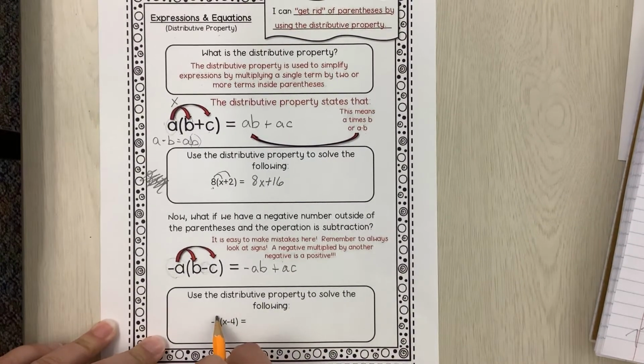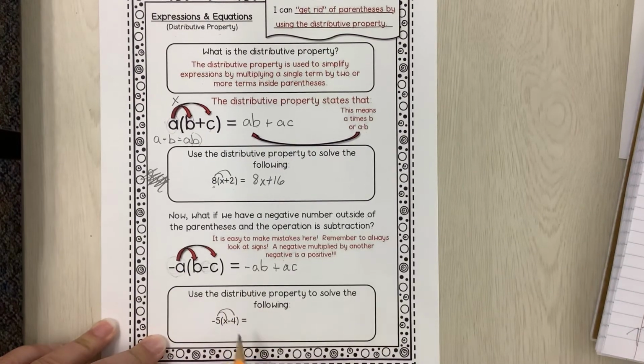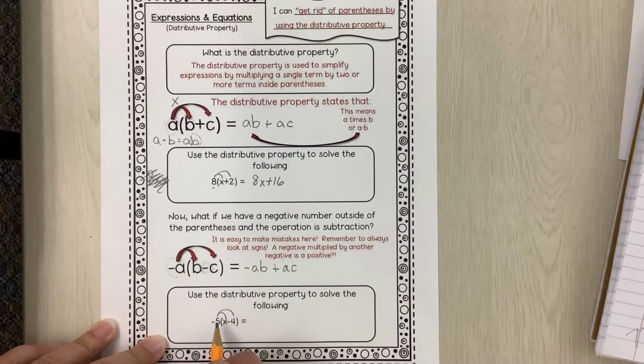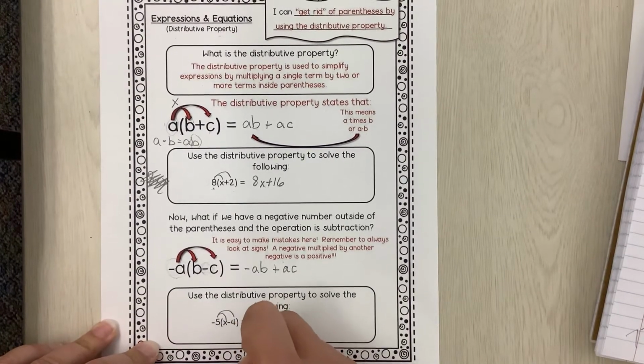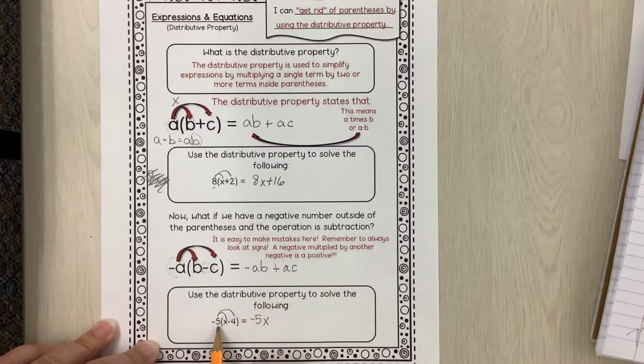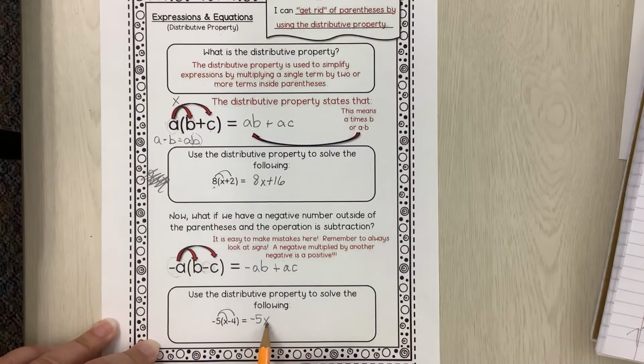So again, remember, anything outside the parentheses must be multiplied with everything inside the parentheses. So negative 5 times a positive x. Negative 5x, because the 5 and the x combine. We can't put them together completely, but we can still represent them there, the 5 and the x, but now they're combined.